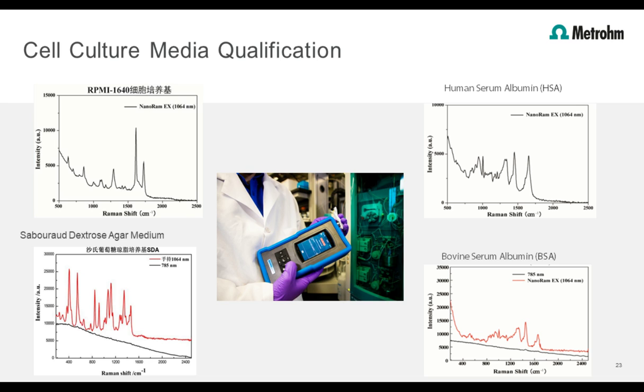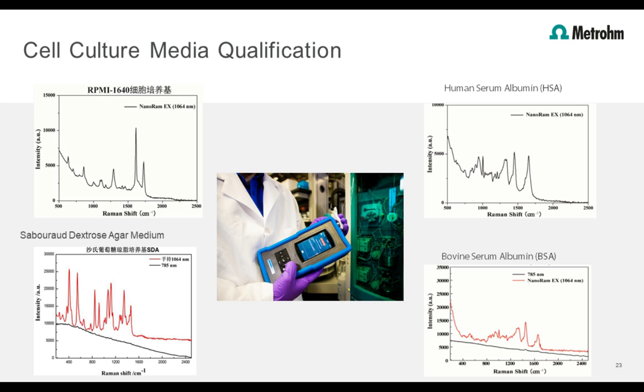So I wanted to show some data that my colleagues in Shanghai actually measured with a handheld system. So you can see they measured a few serum samples and also media samples. And they all have very good Raman spectra that we can use to do raw material verification from them.